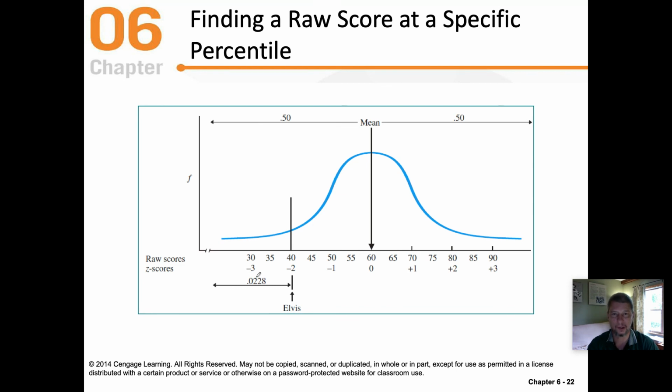So Elvis is a butt ugly dude, but that's what this means. And so we can use raw scores, percentiles, relative frequencies, and z-scores interchangeably, and use them to calculate any of the others. So that, my friends, is the end of video number 2 of 3 for chapter 6, and I hope you learned something.